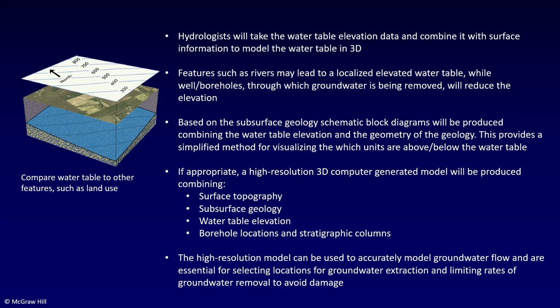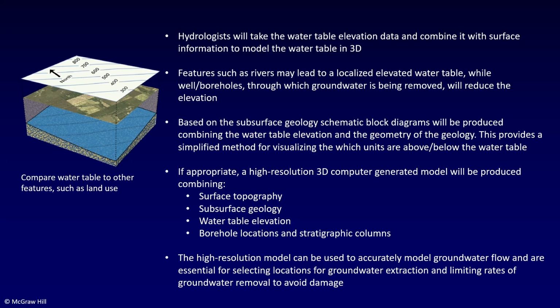A whole load of information will be put into this computer model. And this is going to produce a very high resolution map of what's happening with the groundwater. And this is important for select situations. So it's very important if you are trying to select an area for groundwater extraction, for instance.